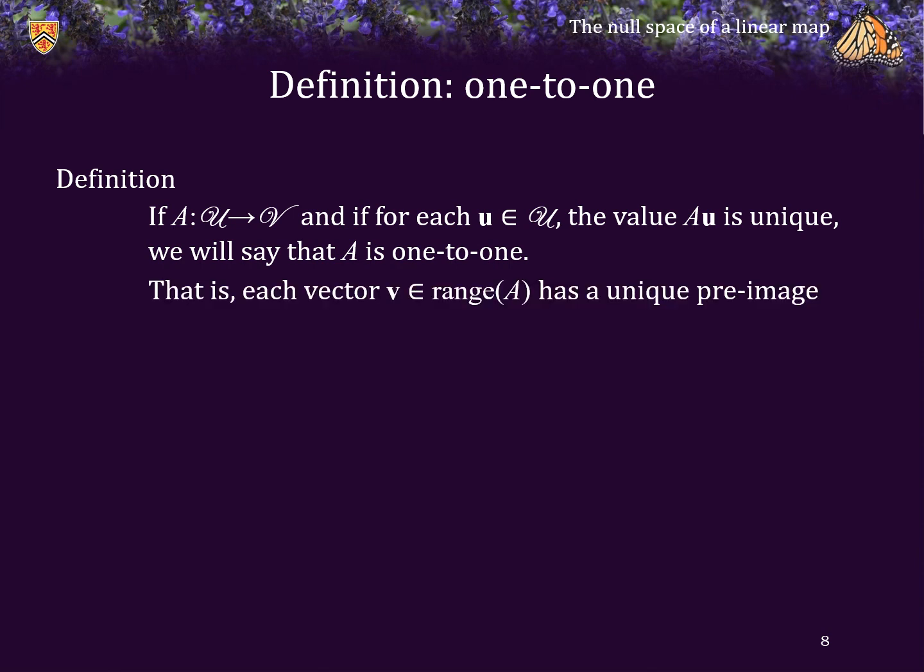That is to say, for each vector in the range of A, that vector has a unique pre-image. So if a vector in the codomain is in the range, then there is one and only one vector in the domain that maps onto that vector. A map that is one-to-one is also said to be injective. We will use the terms one-to-one and onto, however.